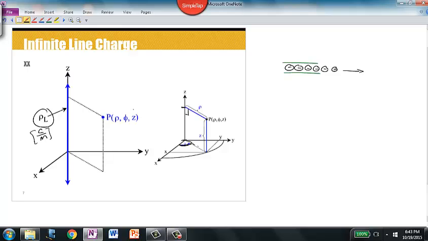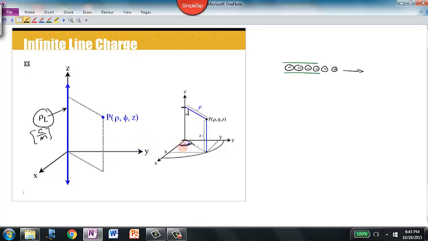Phi is the displacement as measured in rotation from the positive x-axis, and z is the displacement in the positive z-axis. The reason we want to look at the point in cylindrical coordinates is that it's going to help us to determine some intuition about which way the electric field is pointing. And to do this, I want to first consider the phi rotation around the z-axis here.